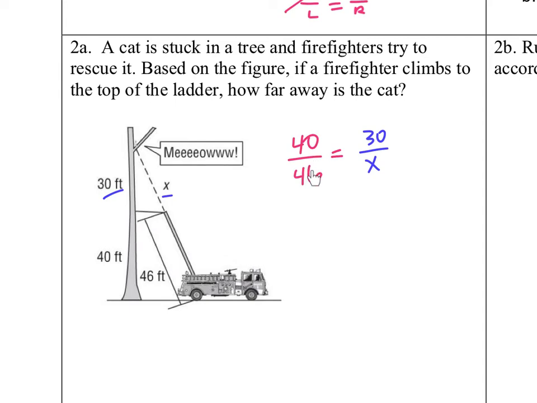So to make my life a little bit easier, I'm going to find that common factor, the factor that can be pulled out. So I know that 40 can be divided by 2 for sure. So I'm going to reduce my ratio so that I have easier numbers to work with. So we're going to get 20 over 23. That's if we divide by 2.